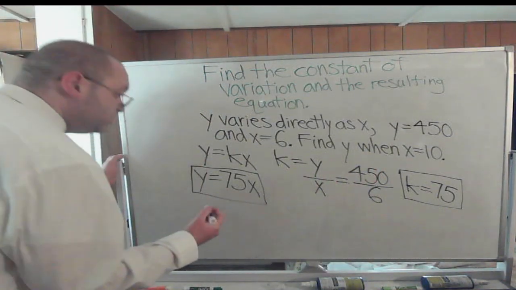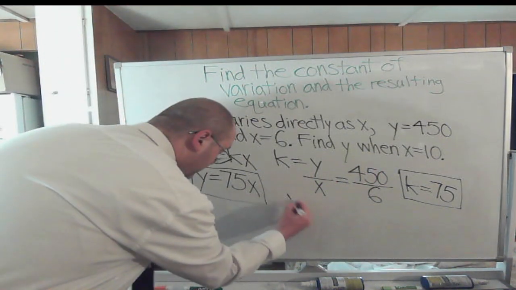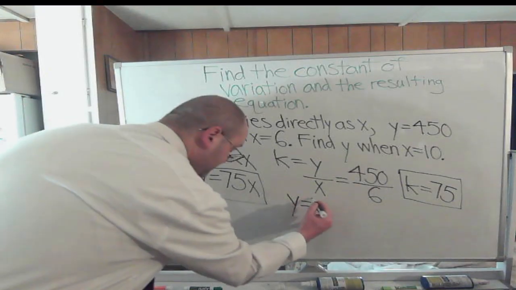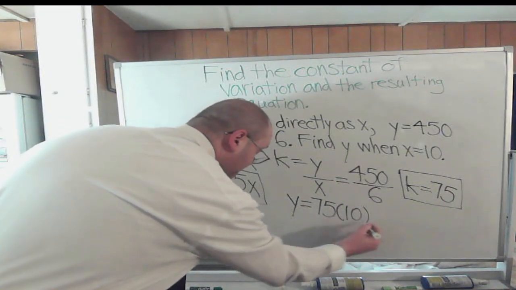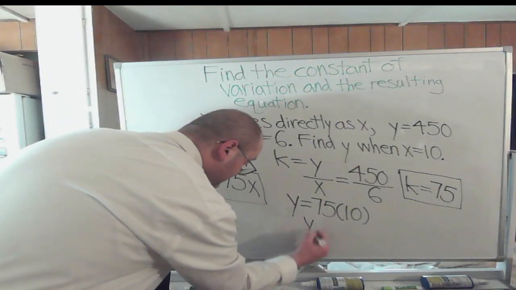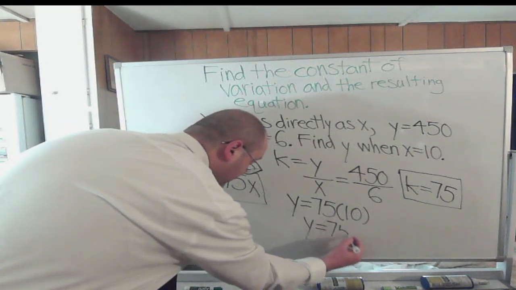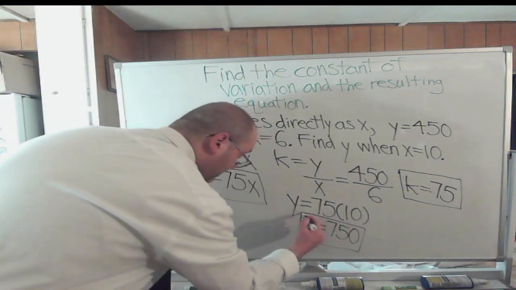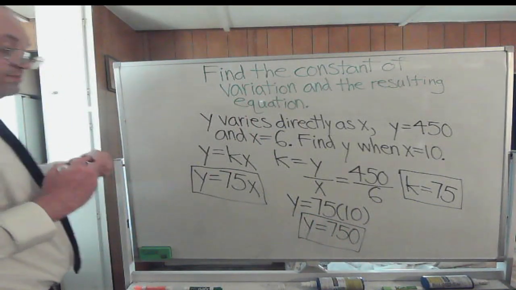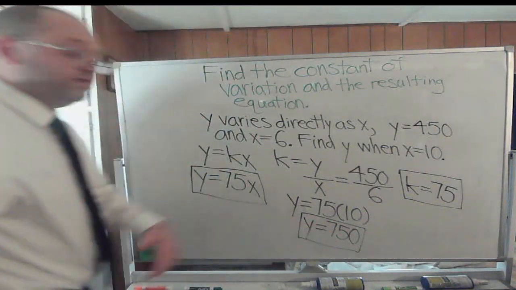Well, all you're going to do is take your y, set that equal to 75 times that x value of 10. Well, 75 times 10 equals 750. So the answer is when x equals 10, y equals 750.